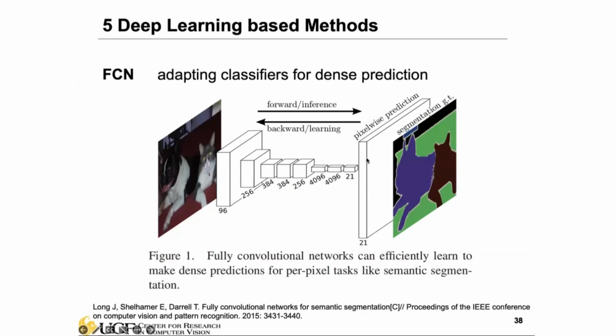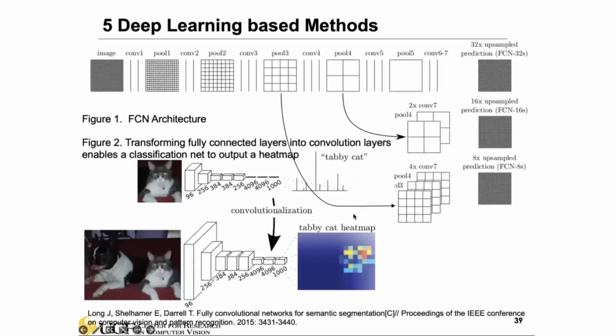But the problem is that we need the original resolution of the input, so we do bilinear interpolation to increase the spatial resolution to that of the input. And here is a more detailed architecture of the network.